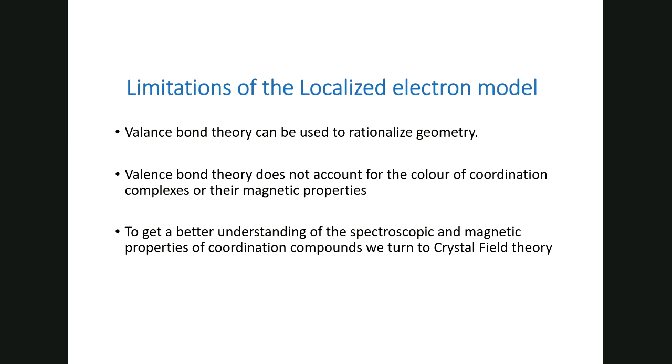However, that's as far as it goes. It doesn't really help us explain why one iron species may be magnetic and the other is non-magnetic. It also doesn't fully account for the color of transition metals, right? So in order for us to have a better understanding of these complexes and what's going on in terms of bonding on the electronic level, we have to adopt a new theory.